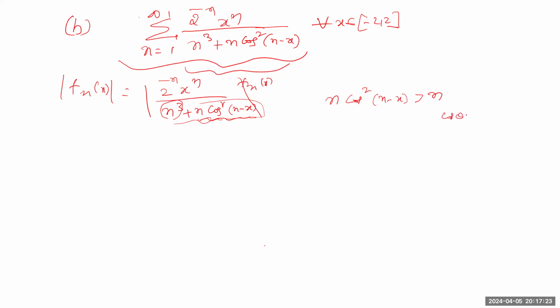We know mod cos theta is less than or equal to 1. So n times cos theta is less than or equal to n.